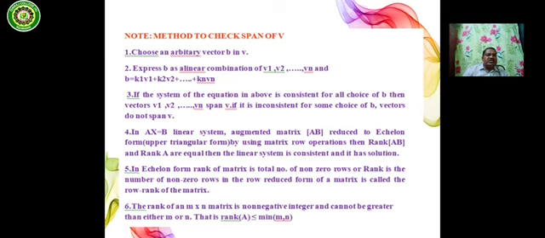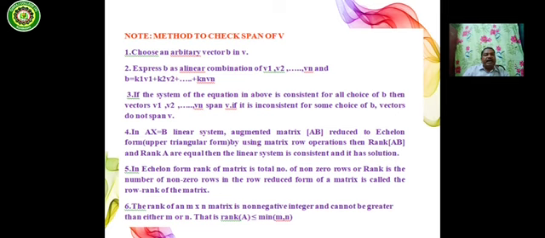That matrix is reduced to echelon form, meaning upper triangular form, by using matrix row operations only. Then we find the rank. If the rank of [A|B] and the rank of A are equal, then the linear system is consistent and it has a solution.